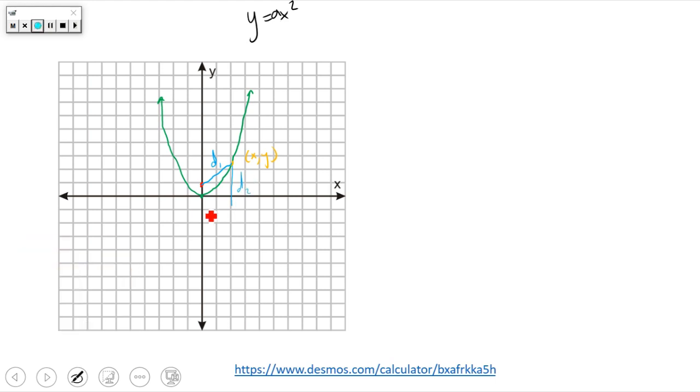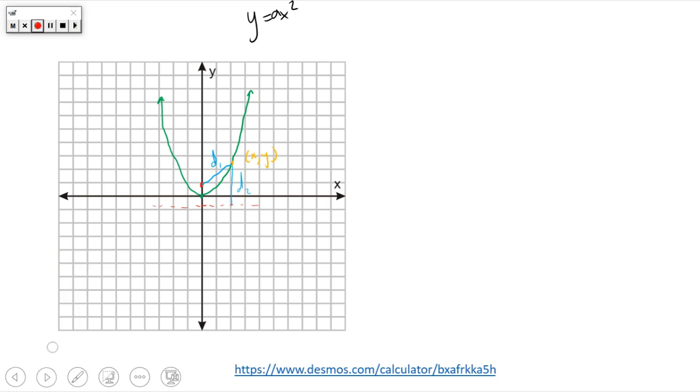The focus has a directrix also, which, if it's an up and down parabola, meaning it opens up or down, is horizontal. If the parabola opens left to right, the directrix is vertical.